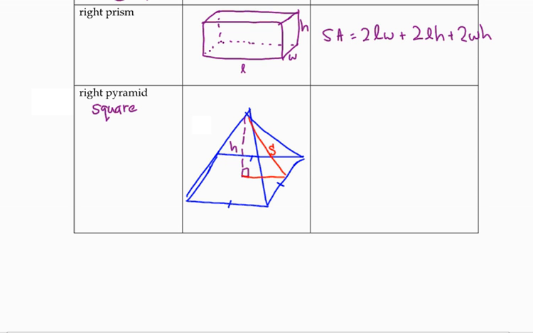Okay, so if we had the net, let's call the base, what is your formula sheet? I think they use length and width. So we'll just use length, or width.